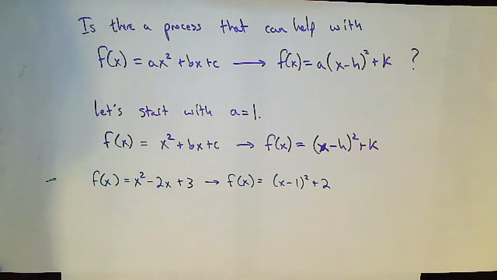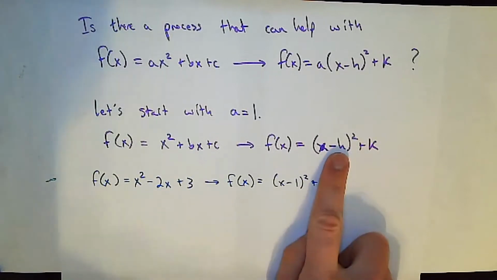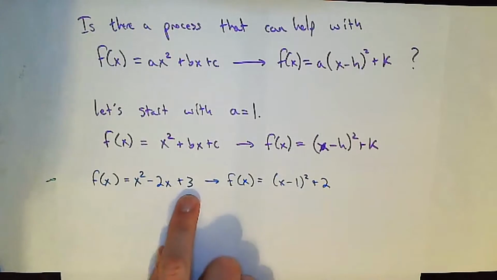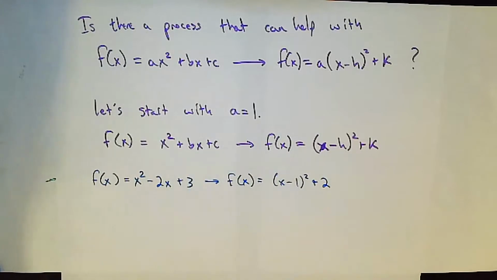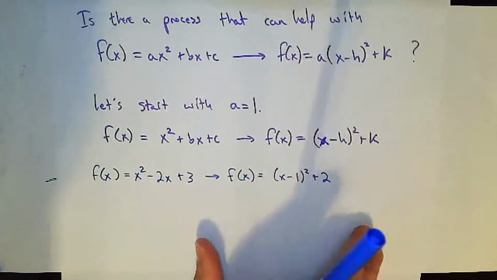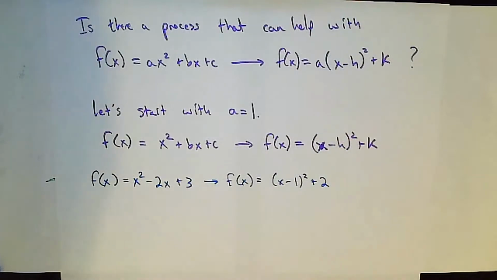The k term is always just a consequence of what you had to do to manipulate to find the h term. The k just comes from whatever the constant is already there, and then you subtracting to balance out what you did to the function in order to get it written in the perfect square trinomial form. So really what we're going to be emphasizing is how to get that h term.